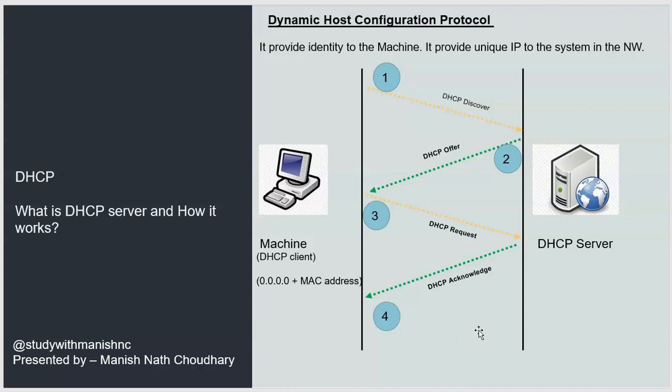Okay, so now I want to understand what information the DHCP provides to the new system in the fourth request. That is called the DHCP scope, so we'll learn it in the second slide.